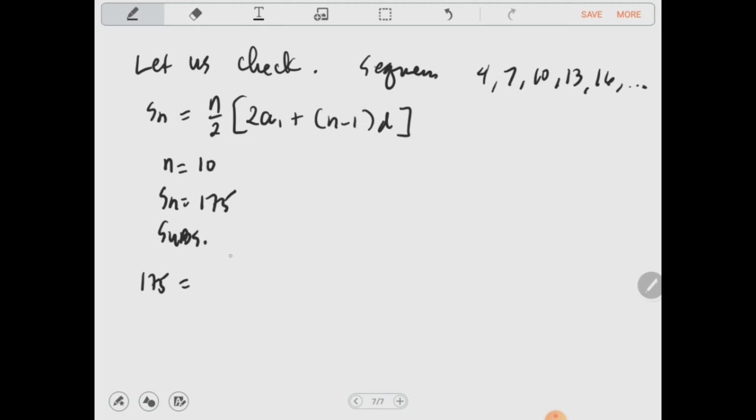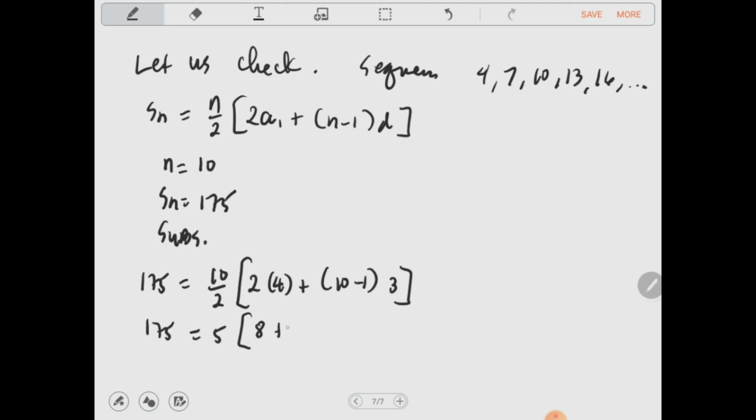Okay, so we have 175 is equal to 10 over 2 times 2 times 4 plus 10 minus 1 times 3, the common difference. Okay, so 175 equals 5 times 8 plus 9 times 3. Okay, so copy again. 175 is equal to 5 times 8 plus 27.